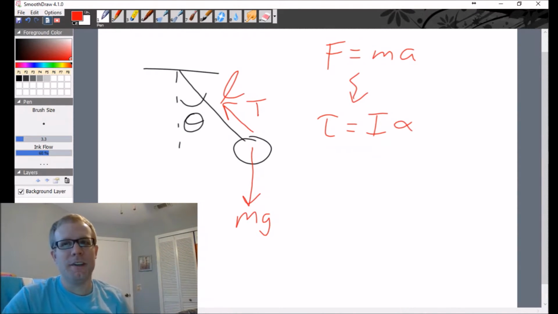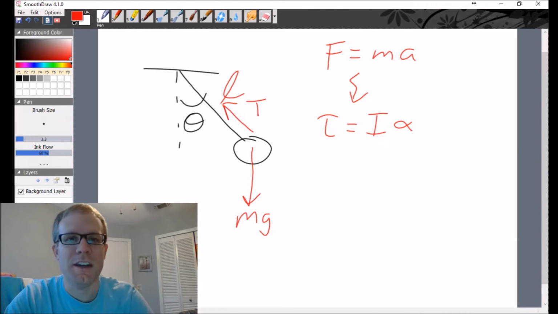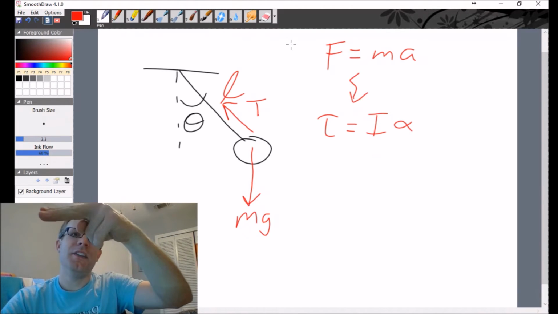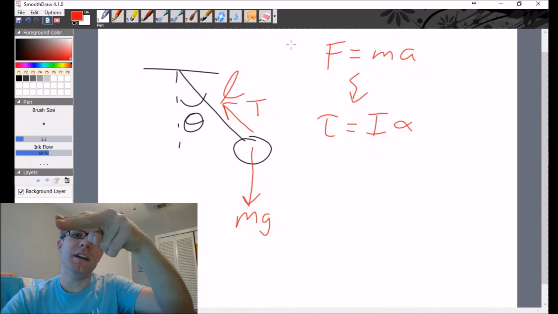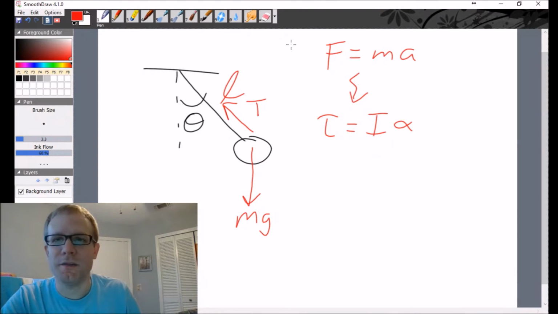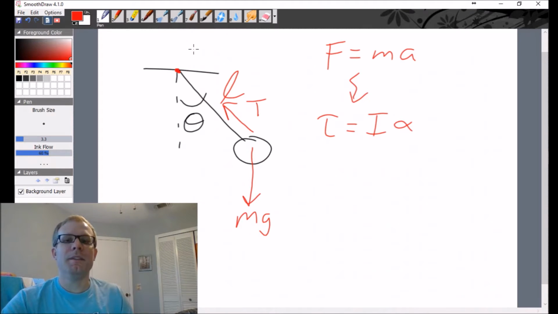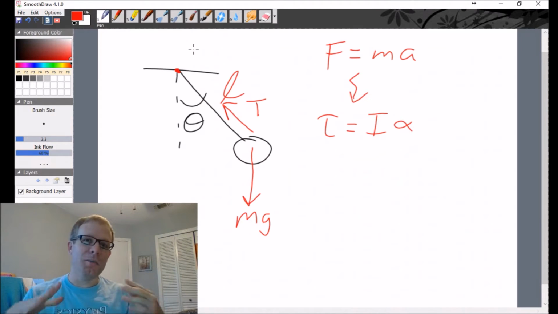It looks a lot like F equals ma, it's just F equals ma for rotation. So the torque is just the distance that each force makes from the axis of rotation. In that case, that's going to be this point right here, times the amount of force times the sine of the angle between the two.